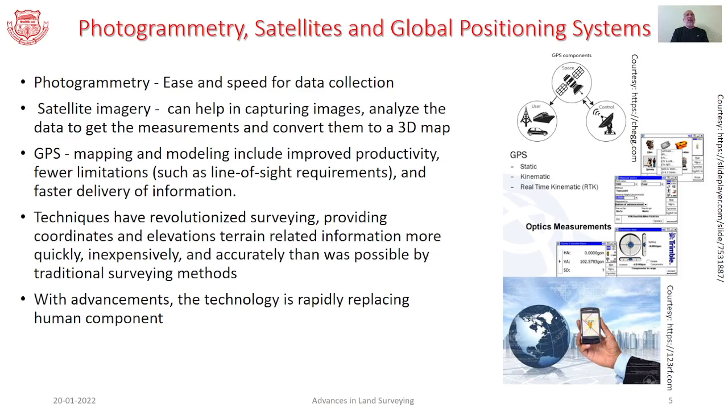One of the important features associated with it is that it does not have the limitation of direct accessibility of line of sight. And hence, the information could be captured within a very small period of time, inexpensively, as well as with considerable precision, which otherwise would have been possible only through conventional traditional surveying methods.